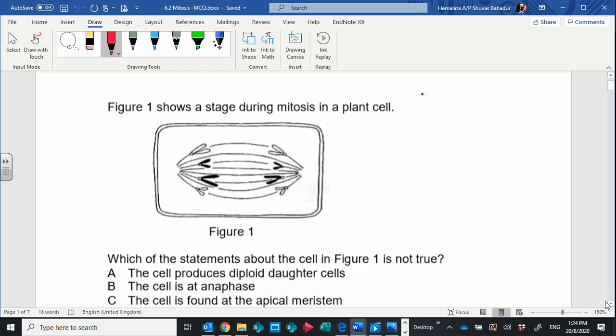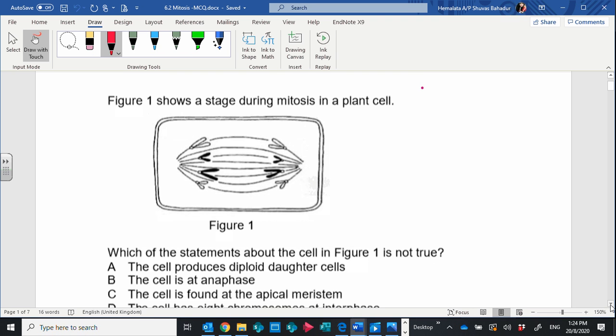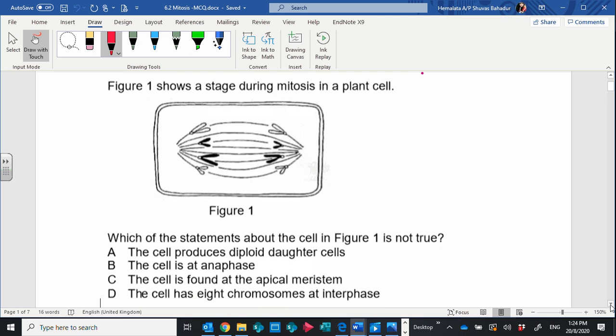Now let's look at this question first. Figure 1 shows a stage during mitosis in a plant cell. Very simple. The first thing that you need to look at is the picture. It's always on the picture. The picture will say everything. Now if you look at this, you can see that the sister chromatids are separating, due to mitosis here, and remember they are mentioning a plant cell.